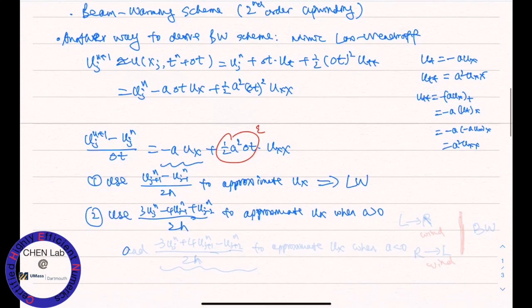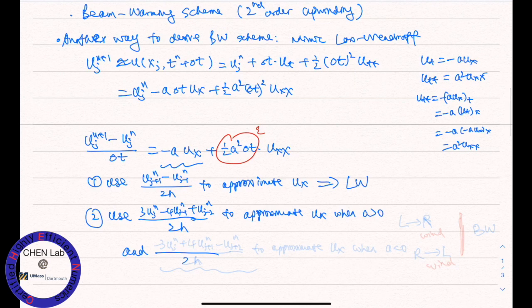And the other guy, which we also did in homework, which is (negative 3u_j^n plus 4u_{j+1}^n minus u_{j+2}^n) divided by 2h to approximate u_x when a has a negative sign.